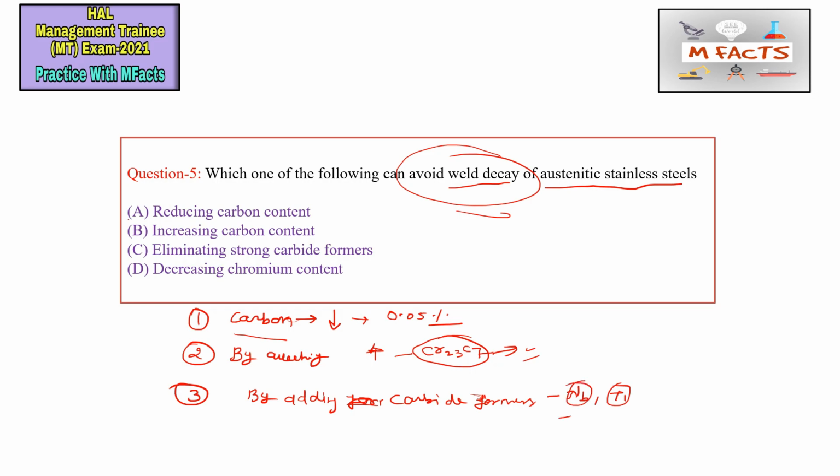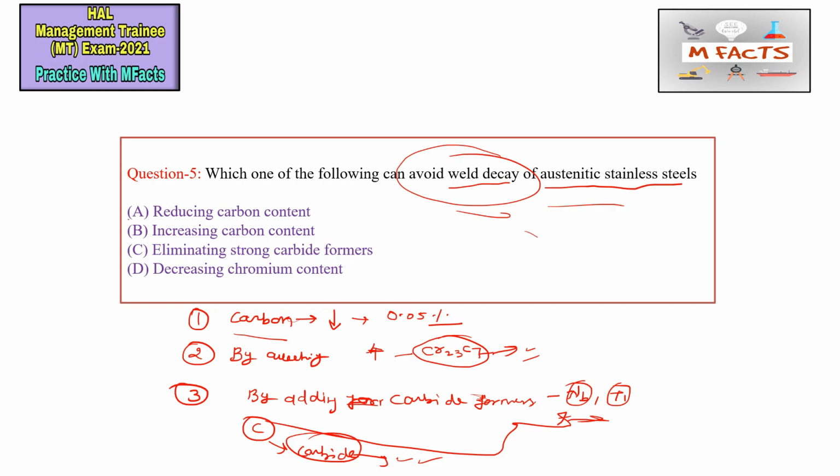By adding strong carbide-forming elements such as niobium and titanium, the carbon reacts with the niobium and titanium and forms carbides of those elements. By forming titanium and niobium carbide, they will not form much chromium carbide. In that way we can also avoid weld decay of austenitic stainless steel.